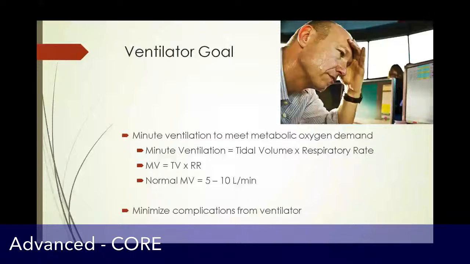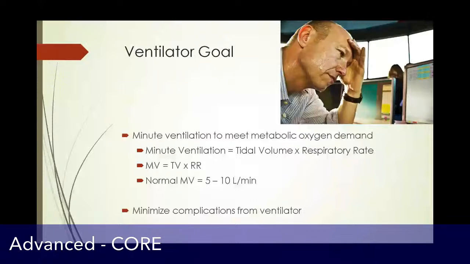You also want to watch out for the negative things that you can cause with a ventilator, and minimize any complications. You don't want to deliver too much volume into lungs that can't handle it.